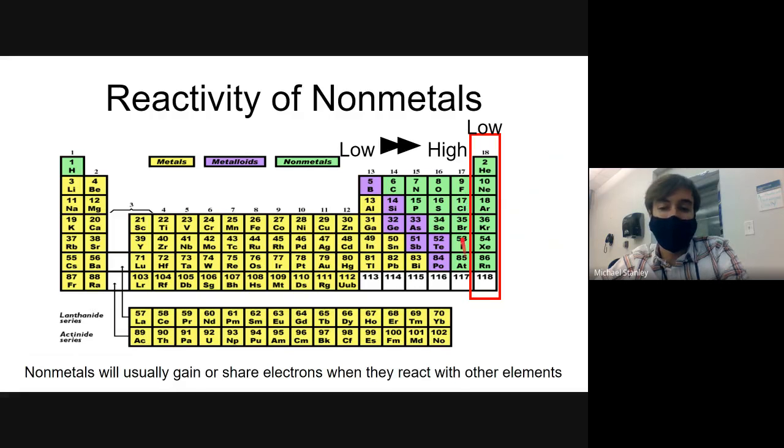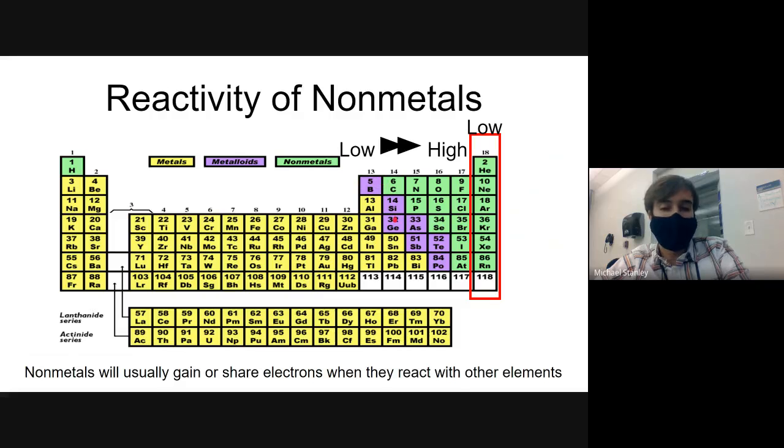These are all very, very, very reactive nonmetals. But then, like I said, the very last column over here is extremely non-reactive. So we go from very reactive to very, very non-reactive, because these guys have that completely full outer shell. So they're sitting fat and happy over here on the far side of the periodic table.